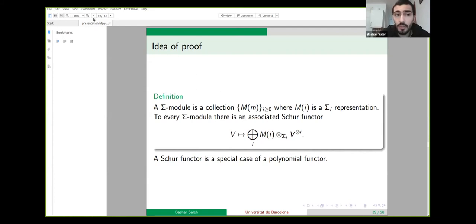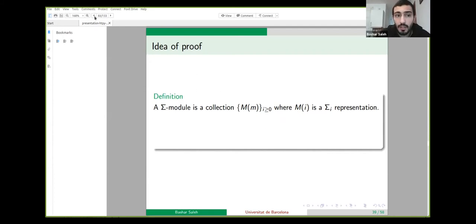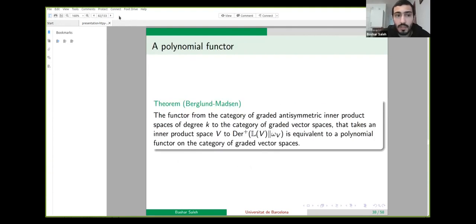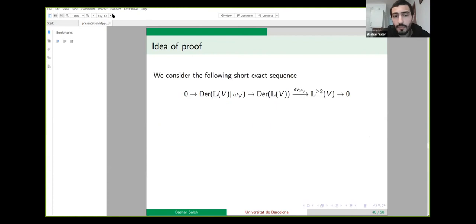So actually, we will show that V maps to this is a Schur functor. So we start by considering the following short exact sequence. We have the derivations on LV.